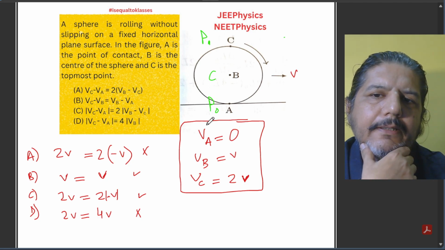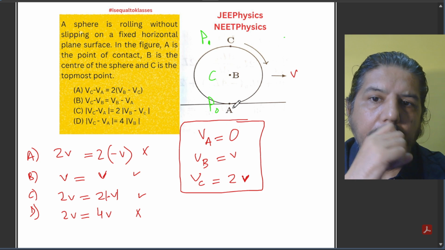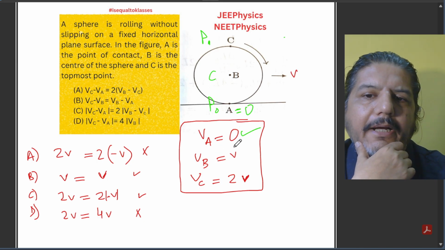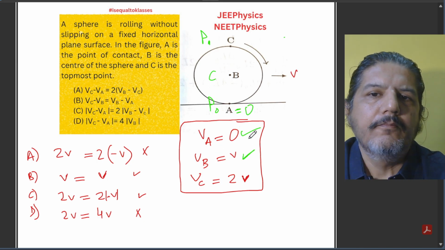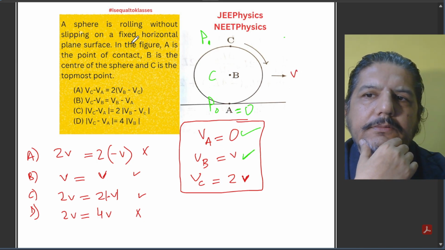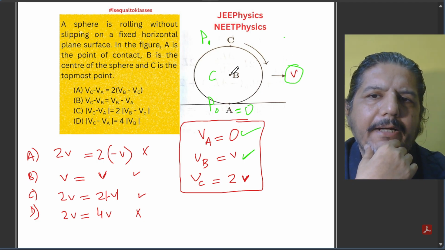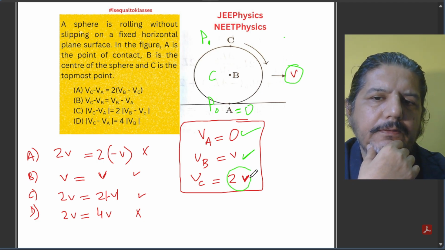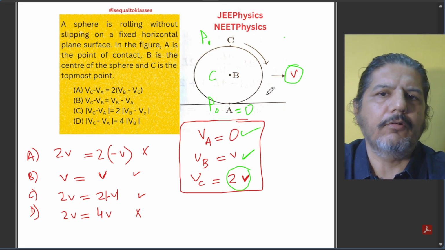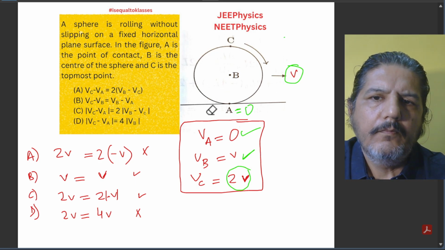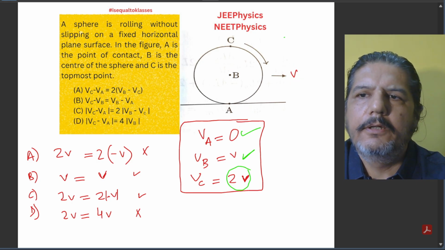Now we understand that as per this diagram, at A the velocity would be 0, so VA is equal to 0. At B it would be the velocity V, I have assumed it to be V. And VC is twice of V. Let me rub this so that we don't get confused.